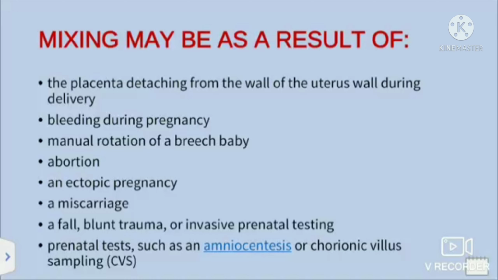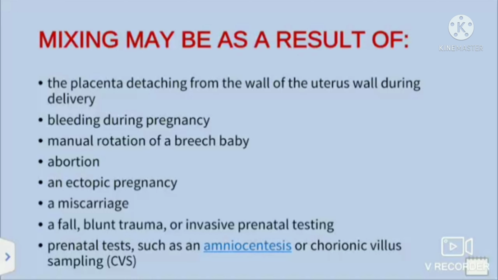Although the chances for mixing of the blood are very low, mixing may occur in a few cases, such as when the placenta is detaching from the wall of the uterus during delivery, or if there is bleeding during pregnancy, or during the manual rotation of a breech baby. If the presentation is breech and we are manually rotating the baby, there may be chances of mixing of blood.